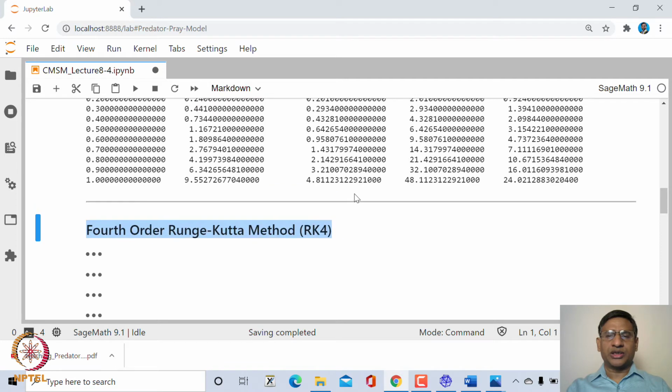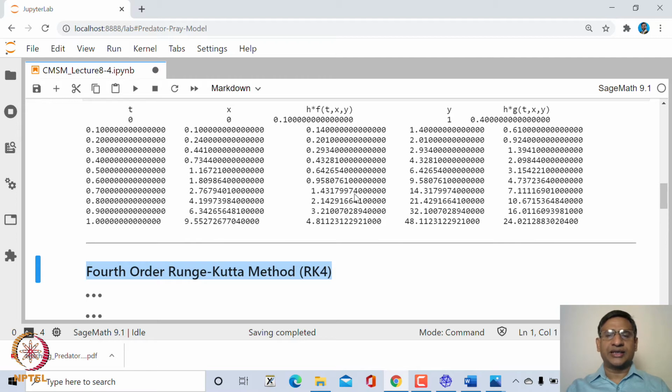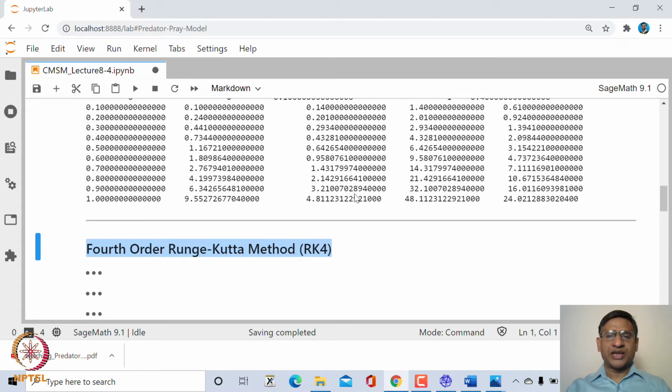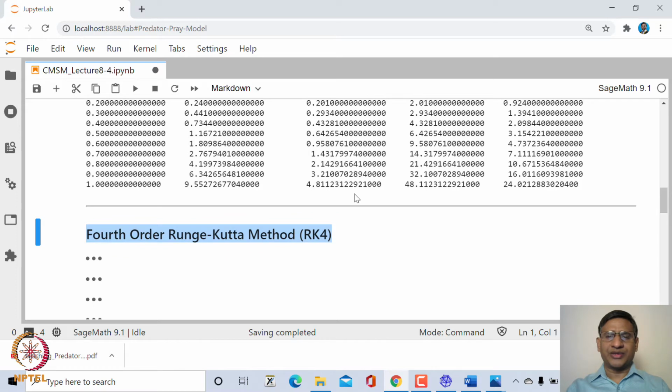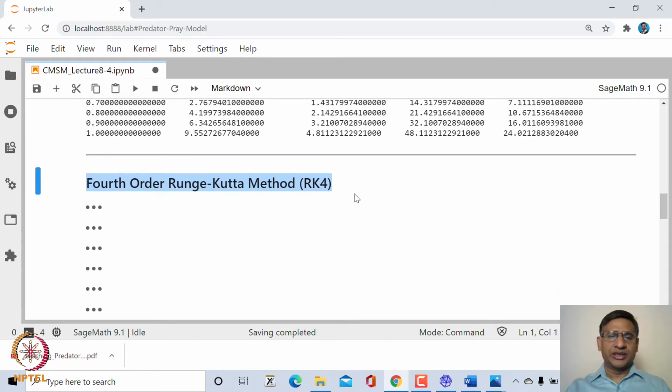Last time we looked at the error, we compared the error in Euler's method and the modified Euler's method, and what we observed was that the error is somewhat linear. So it is not a very efficient method, whereas in the RK4 method the error is much smaller and it decreases quite fast as you decrease the step size.